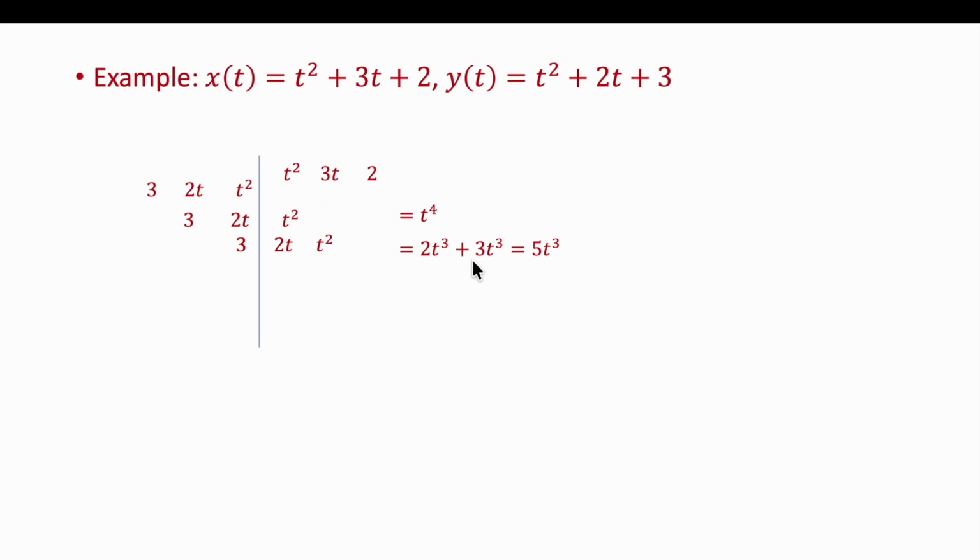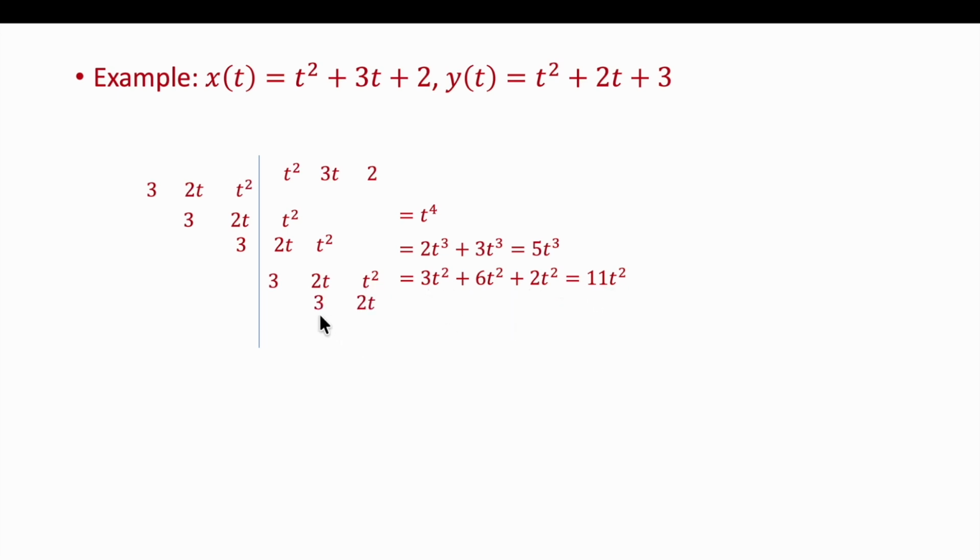So 2t cube plus 3t cube is equal to 5t cube. And then again one more shift, so 3, 2t and then t square, so you multiply t square with 3t square, 3 multiplied by 2 is 6t square, 2 multiplied by t square is 2t square, and the answer is 11t square.